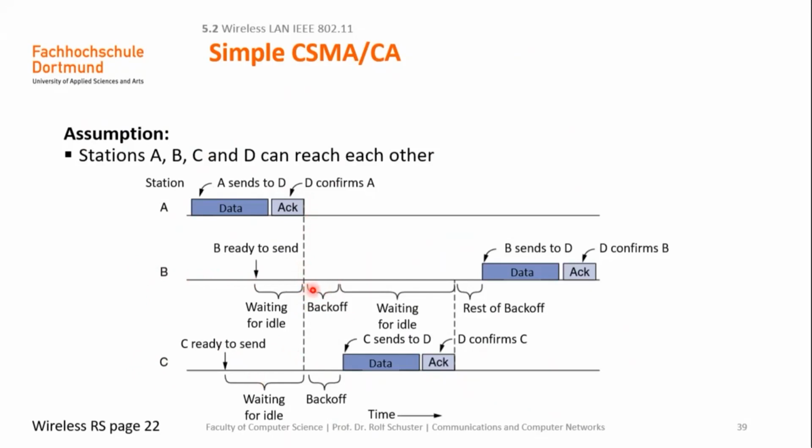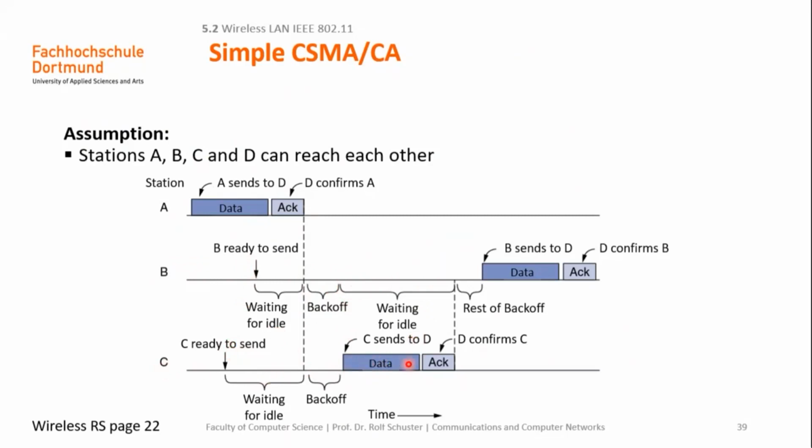Considering that the backoff times are different because they are randomly calculated, one of those stations will start transmitting earlier than the other. Once station C, for instance, transmits the data frame, then B needs to wait for the channel to be idle in order to transmit.